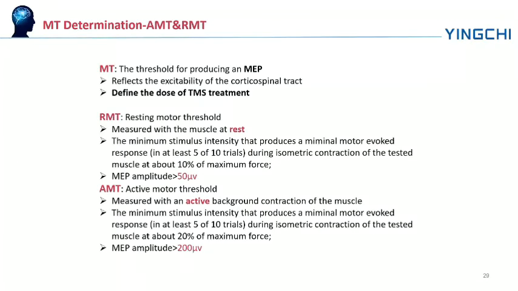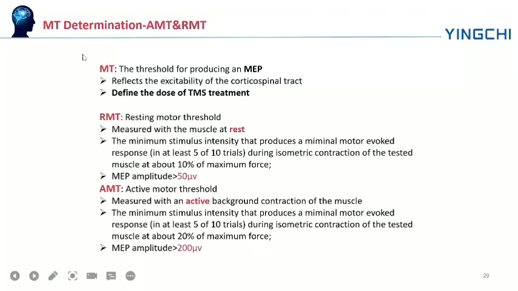So the MT stands for the motor threshold for producing an MEP. It reflects the excitability of the corticospinal tract, and it is also important in defining the dose of TMS treatment.